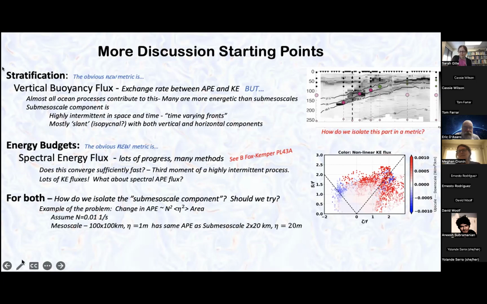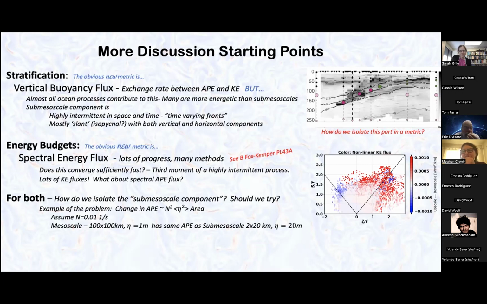The vertical buoyancy flux, although people often think of it as what causes stratification or unstratification, and that's true, is most fundamentally perhaps the exchange rate between available potential energy and kinetic energy. The problem is that almost all ocean processes contribute to this rate, and many of them are a lot more energetic than the submesoscales. It's the same thing that's happened with ocean mixing measurements.